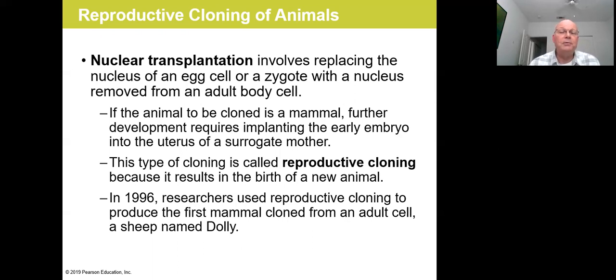Then if you want to add the final piece to the puzzle, if you recall back to when we were talking about meiosis, and we talked about the number of genetic possibilities there were for your parents when they had you. You were one of about 64 trillion possibilities.